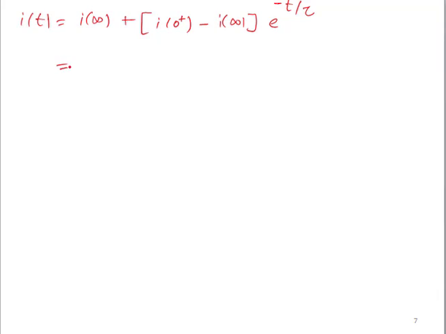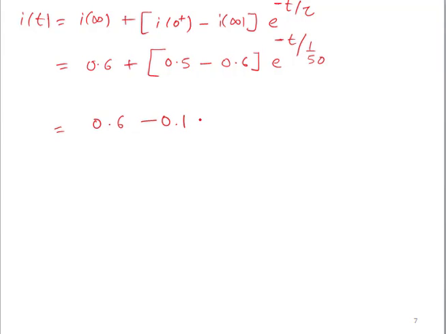So I of infinite we have calculated is 0.6 plus I0 positive is 0.5 minus 0.6, e to the power minus t by time constant, which was 1 by 50. So this can be simplified as 0.6 minus 0.1 e to the power minus 50t. I of t will be in ampere.